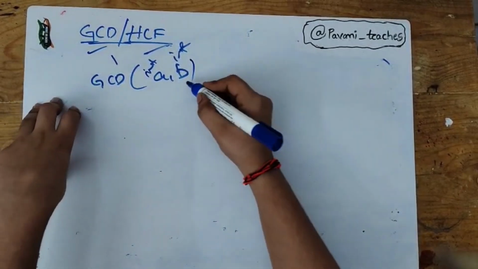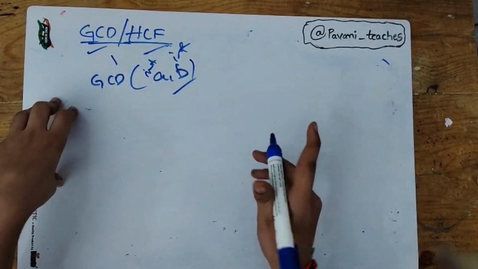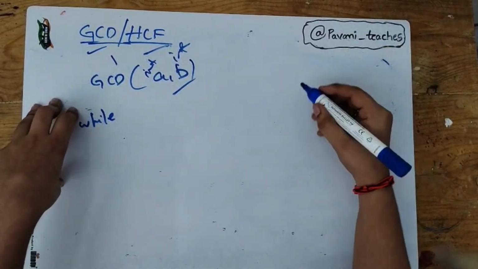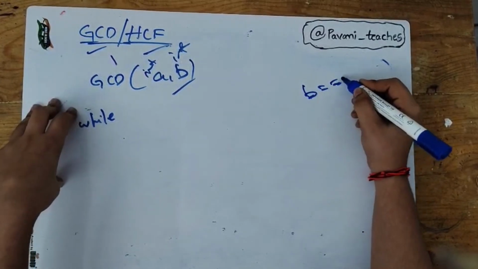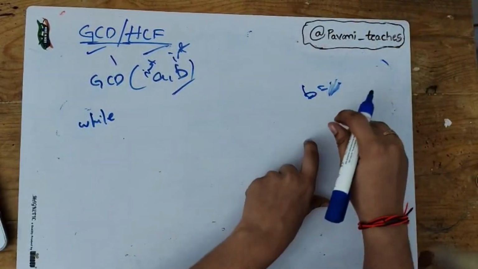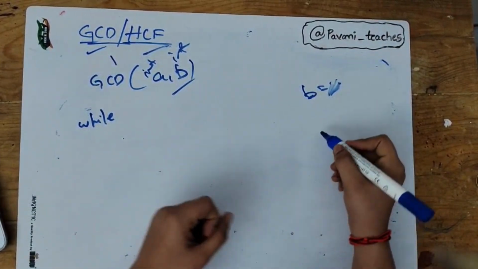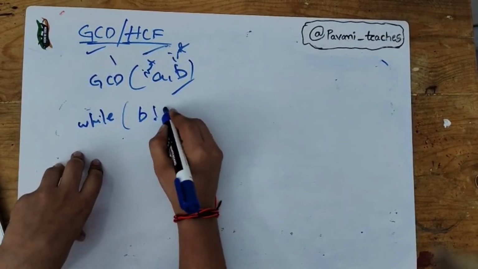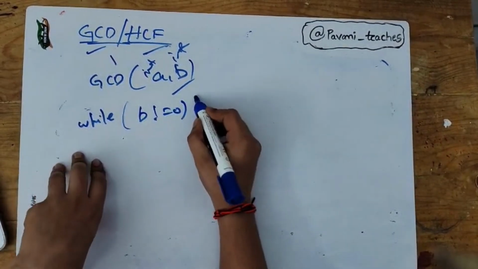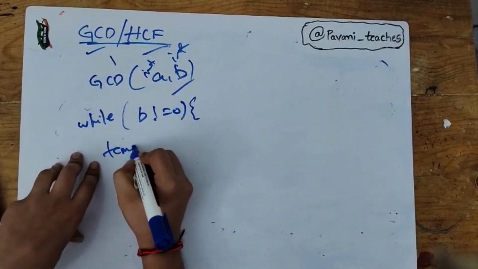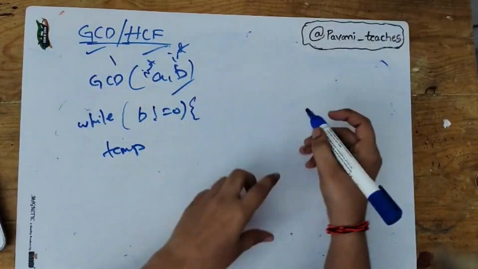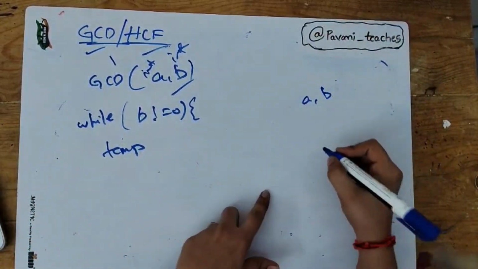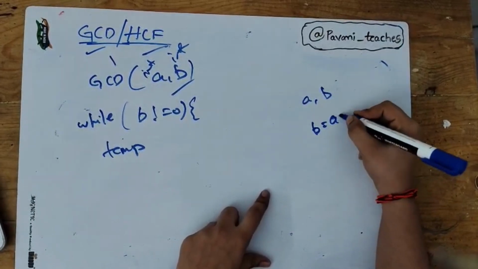Now after taking a and b, we have to perform a while loop, because as I said before, we have to check whether the value of b is equal to 0 or not. If it is equal to 0, we have to return the value of a. So while b is not equal to 0, as I said, we have to replace the values of b and a after performing an operation, that is b is a modulo b.